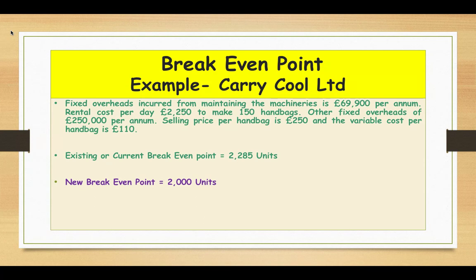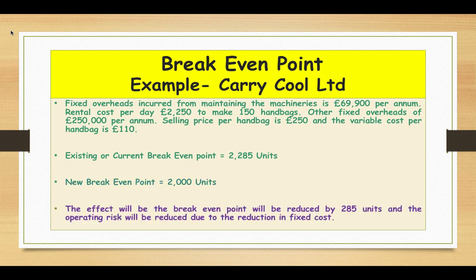So the new break-even point is 2,000 units. So when the fixed cost reduces, the break-even point is also reducing. So here, the break-even point has gone down from 2,285 units to 2,000 units.